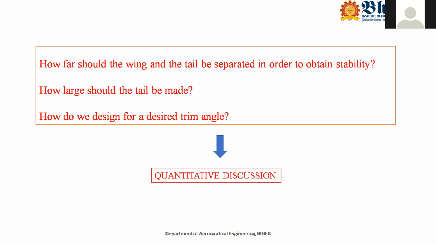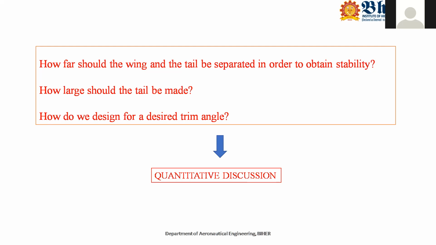Yes, guys. As far as this video is concerned, we have studied the qualitative perspective of longitudinal static stability. But it is mandatory for us to know the quantitative parameters, right? What is the length? How far from the wing should the tail be placed?